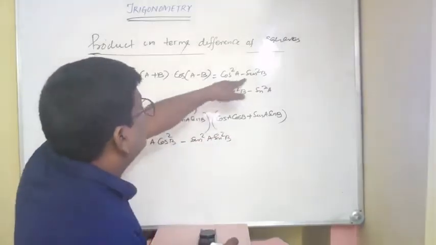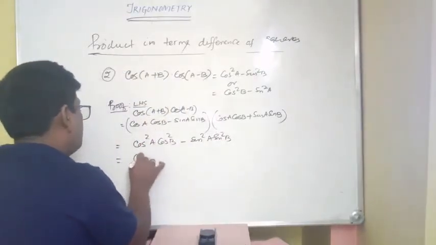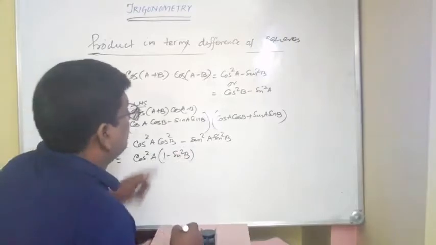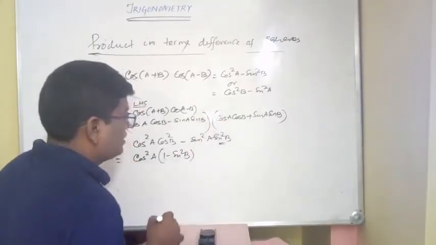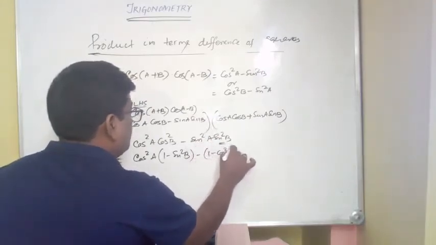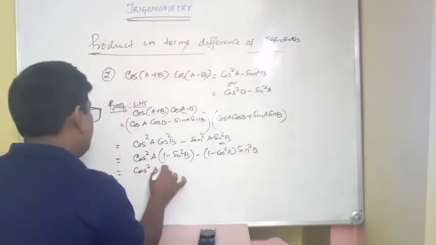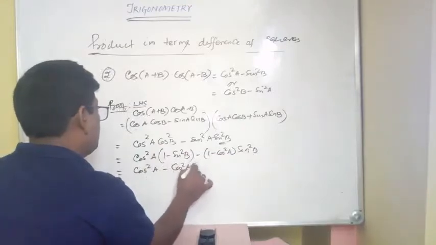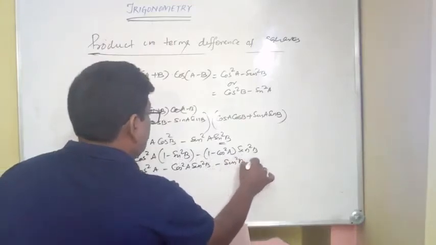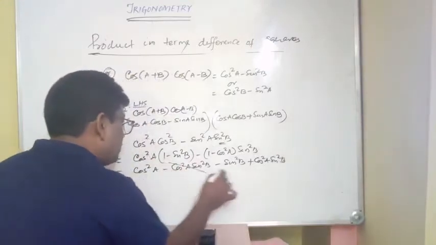We required cos square A minus sin square B. So cos square remains as it is. Cos square B is 1 minus sin square B, and we required sin square B, so keep this as sin square B, and here 1 minus cos square A into sin square B. Just multiply: cos square A minus cos square A sin square B, minus sin square B plus cos square A sin square B. The opposite signs cancel.